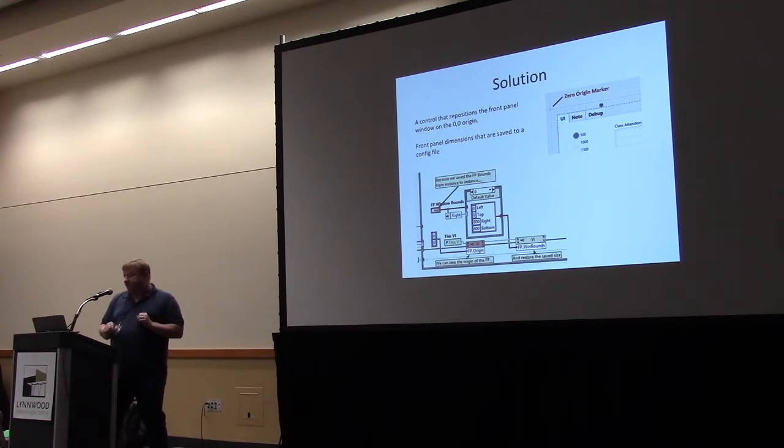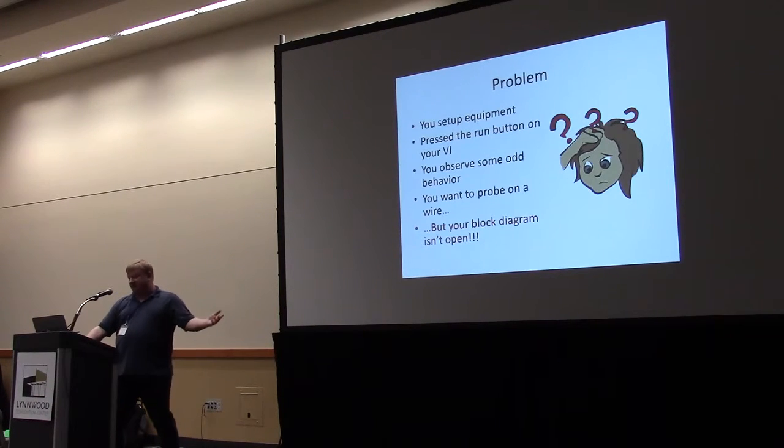If you zero your origin, it's going to center you around that, and the front panel controls are going to get you to the right size. I'm not going to have time to show you that.